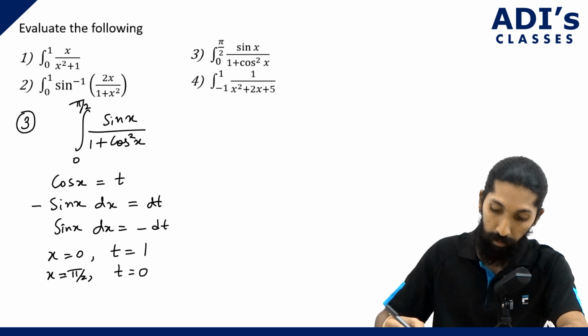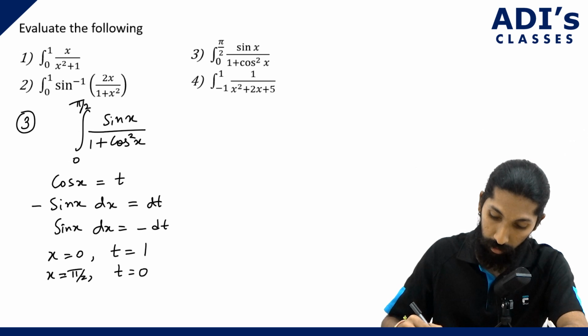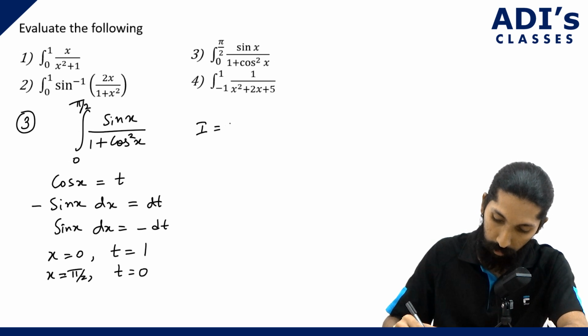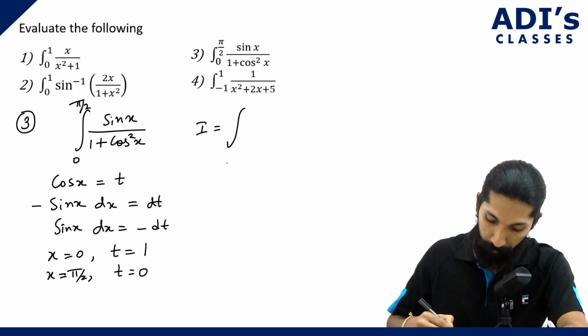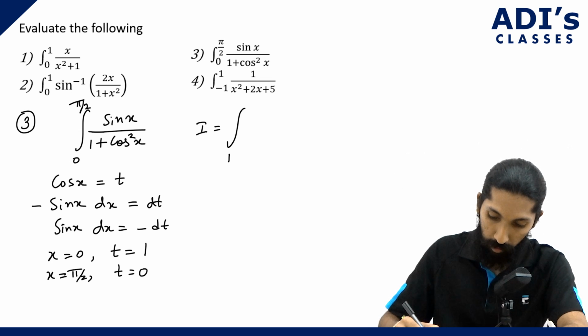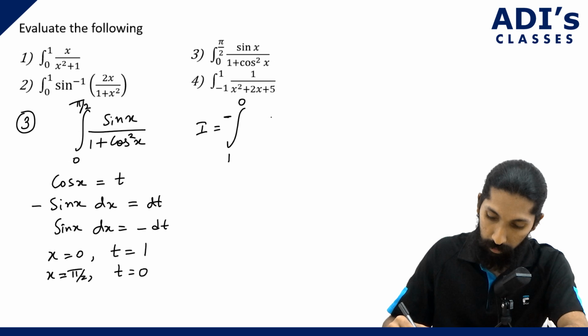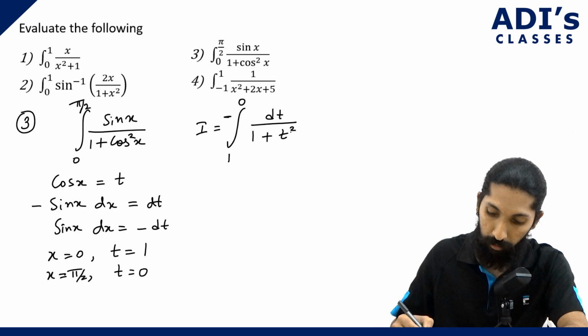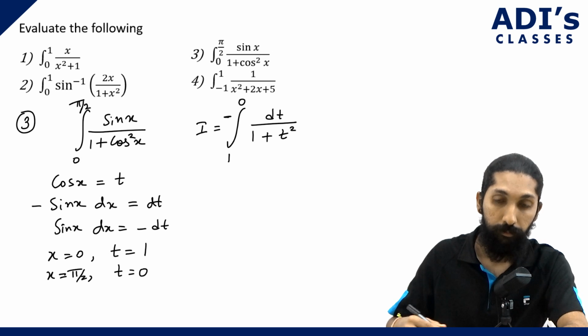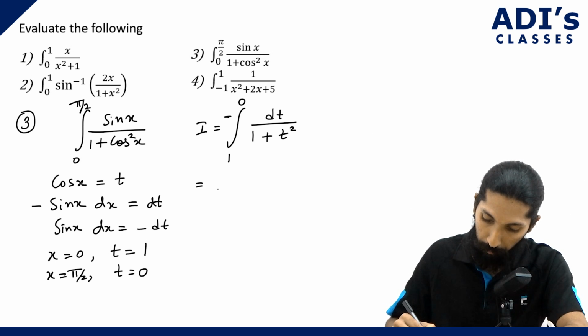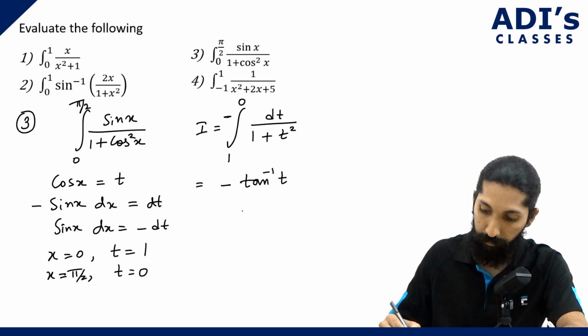So now what do we have? The same integral changes to integral of, so when x is 0, this is 1 to 0. Next, minus dt by 1 plus t square, correct? So this is going to be minus tan inverse t.